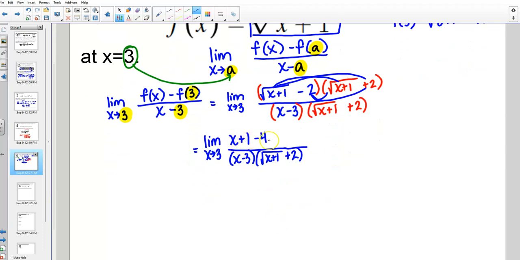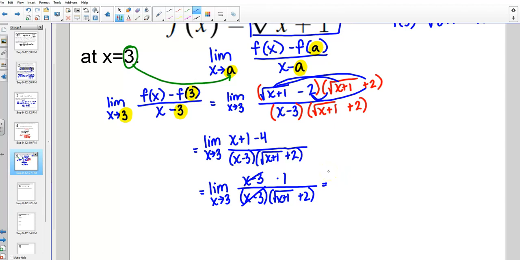So we're just going to combine the 1 and the 4. That's going to give us x minus 3. So we'll have x minus 3 over x minus 3 times the square root of x plus 1 plus 2. And these will cancel, leaving a 1 on the top there because you have to keep something in the numerator.